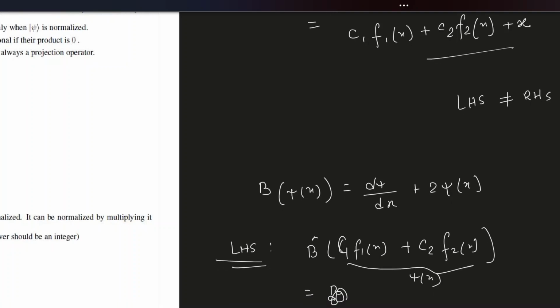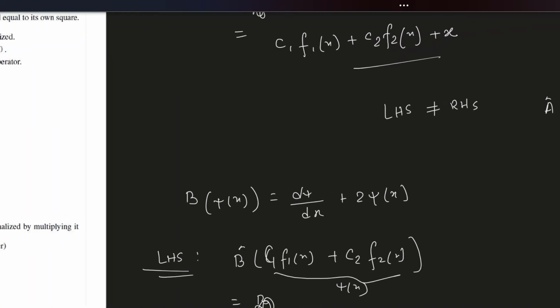Now because the derivative acts on each of the terms separately, and C1 is a constant, so it is x independent, so it is C1. Let's say the derivative of f1 is f1 prime x, and the derivative of f2 is represented by f2 prime x, plus 2 of C1 f1(x) plus C2 f2(x).